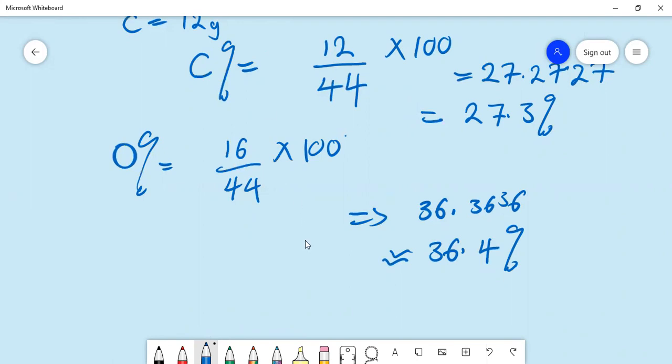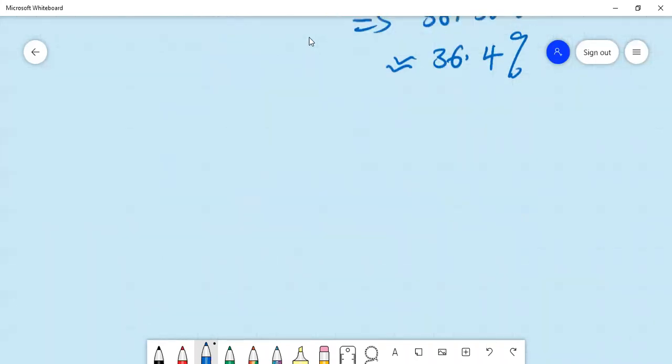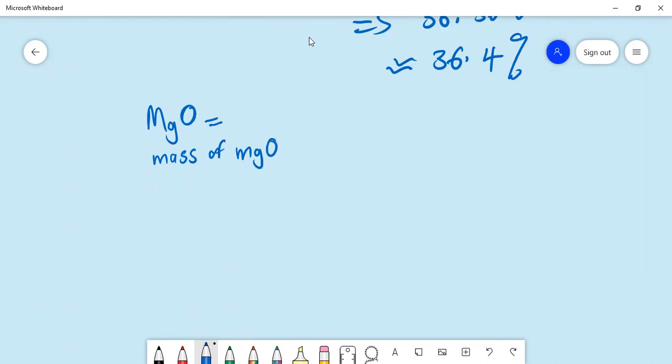Okay. Now under percentage composition, suppose I have magnesium oxide. That's the formula of magnesium oxide. I'll look for the mass of magnesium oxide first. Remember, it has 1 atom of magnesium and 1 atom of oxygen.